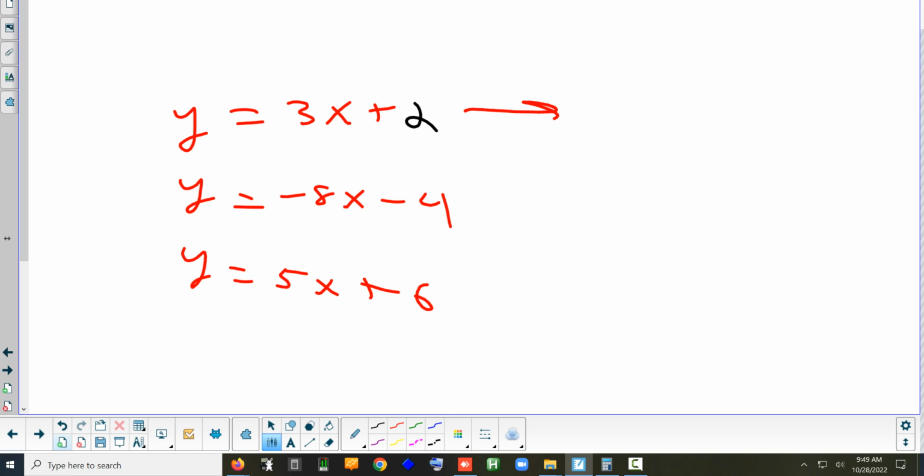You don't really know which one I'm talking about. But instead, if I wrote it like this, f of x equals 3x plus 2, I'm giving a name to this first one. This letter is a name. I'm calling the first one f. And then I could pick a different name for the second one.